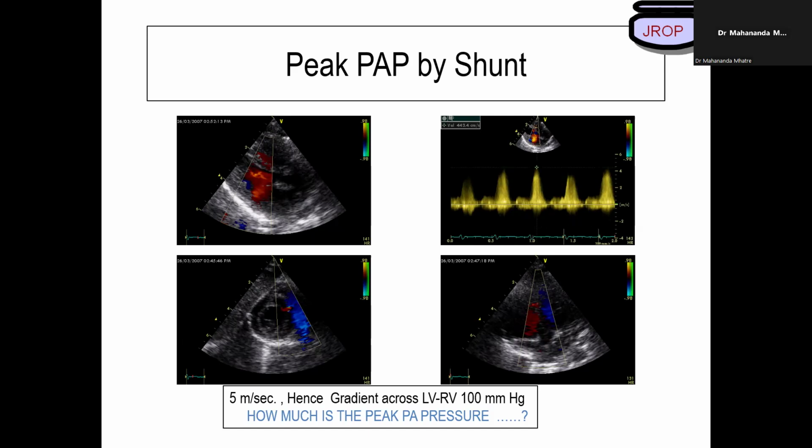Dr. Atindra Narayan, what is the mean pulmonary artery pressure? The mean pulmonary artery pressure normally is less than 20, I feel. Correct. I thought you were the only one who's correct, and you are correct. Mean pulmonary artery pressure is less than 20 millimeters of mercury.